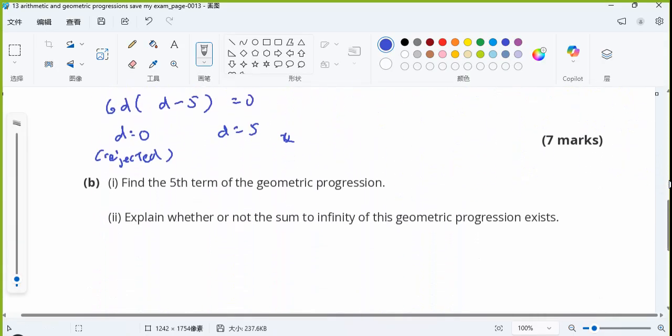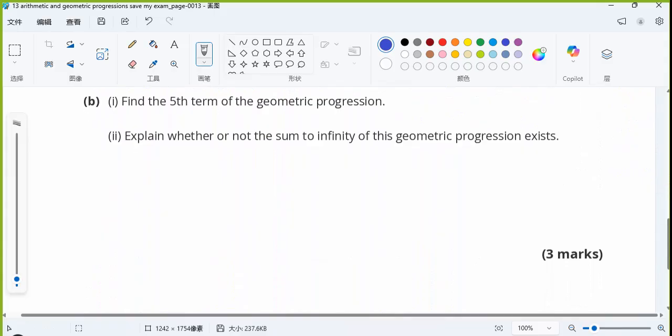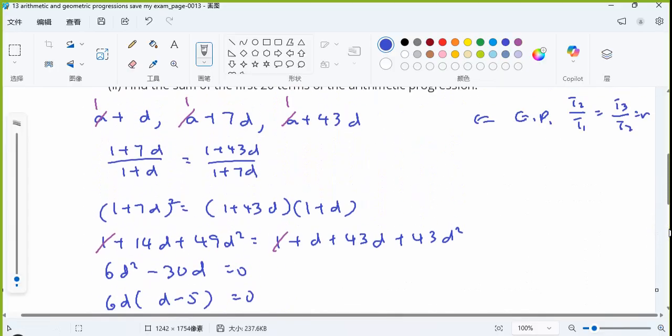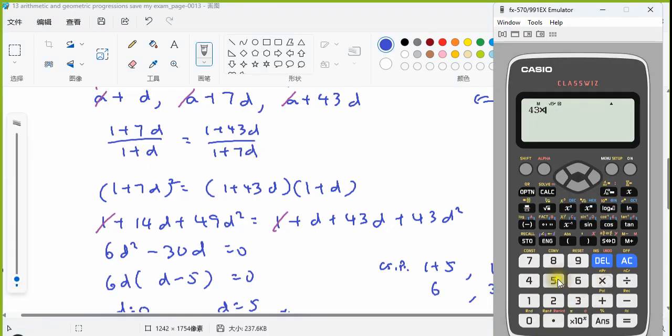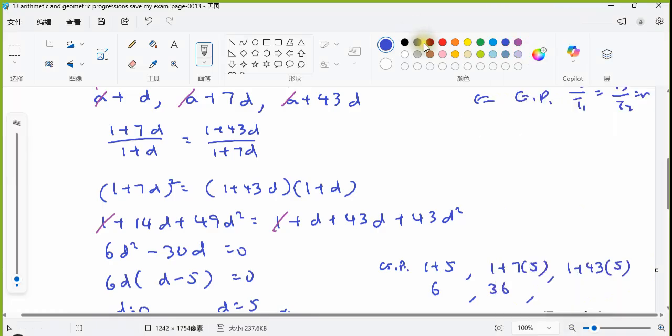Okay. So B, find the fifth term of the GP. Okay. So we have A is 1. So 1 plus 5, then it is 6. And then 1 plus 7 times 5, then 35 plus 1, 36. And then 1 plus 43 times 5, then 43 times 5 plus 1, then it's 216.